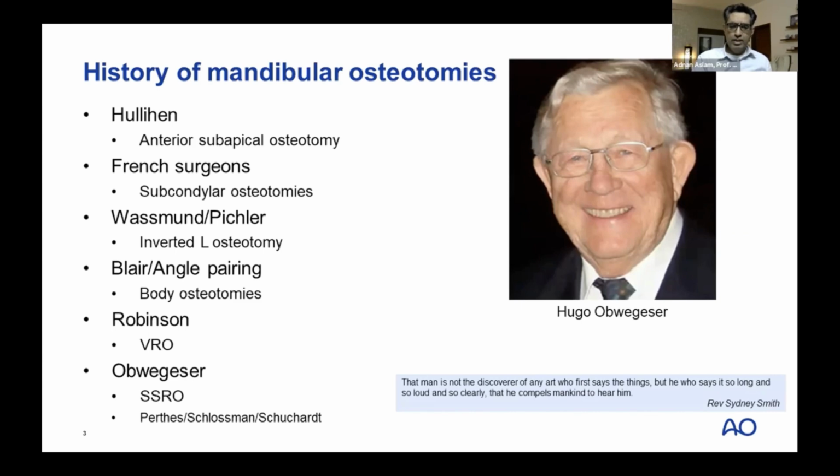And then eventually, Obwegeser, after being tutored by Trauner and having his inspiration from Perthes, Schlossmann and Schuchardt, invented properly and wrote about the procedure, which has now become possibly the most intricate bony procedure that you can do transorally on the mandible, which is the sagittal split osteotomy. So Hugo Obwegeser not only did a few procedures, but then taught a generation of surgeons who then carried the sagittal split osteotomy to the rest of the world.